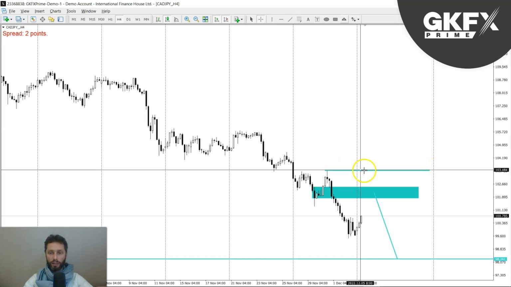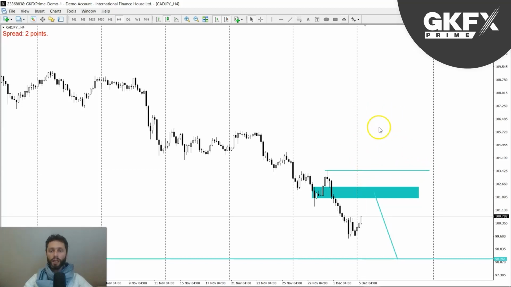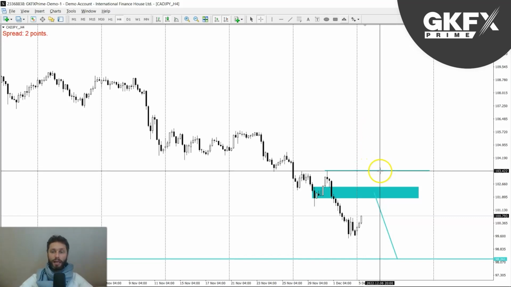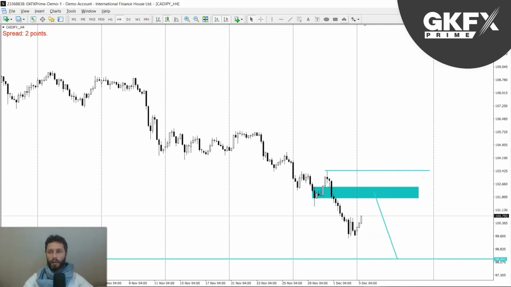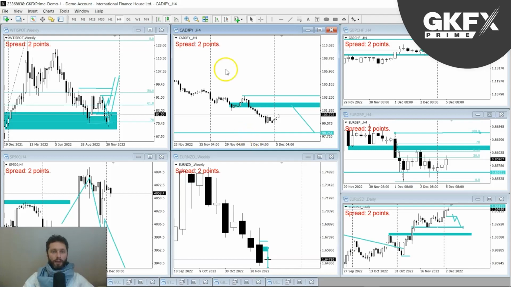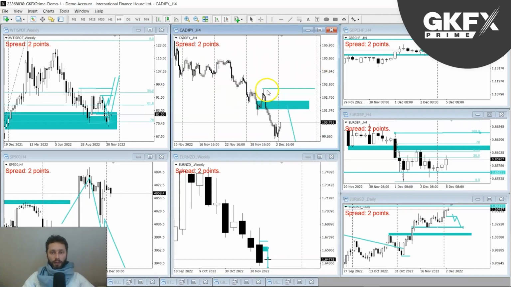If we breach this high, then obviously this idea is invalidated, no longer interested, and we're now possibly going higher. Who knows? I would leave this alone after that if that is the case. Okay, that's the idea on the CAD yen. At the moment we're in that retracement phase, so wanting to get a better price first of all.